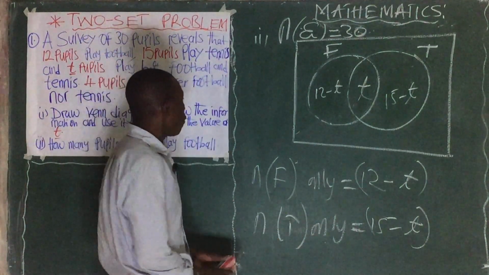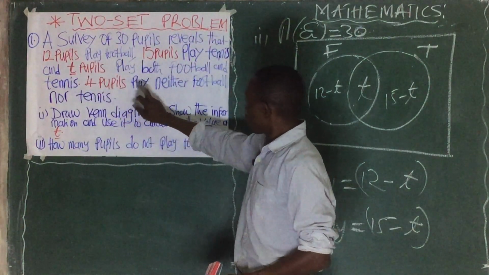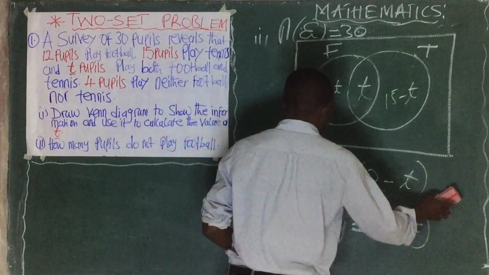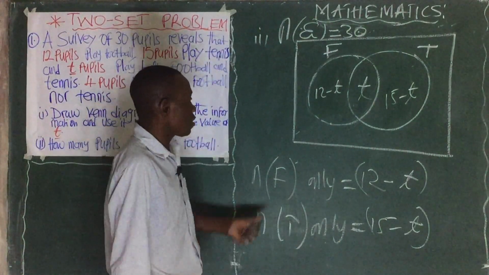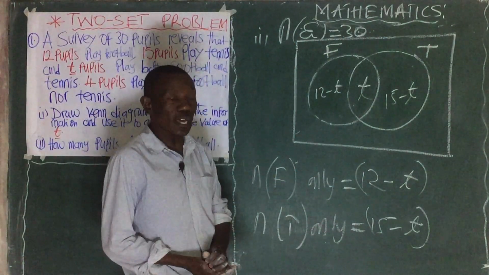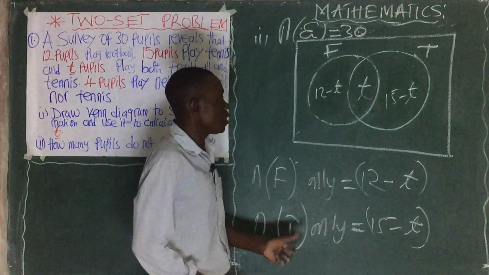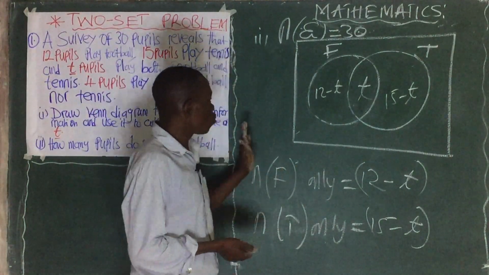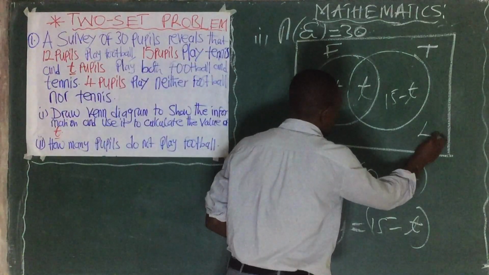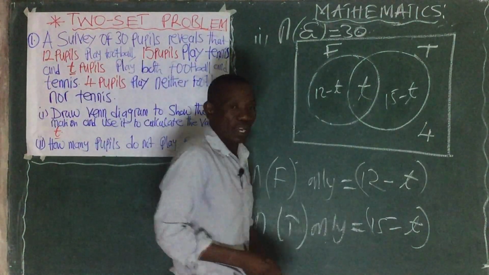Then we also have another number, which is 4, where we are told that 4 play neither football nor tennis. As I was highlighting about the meaning of the spaces inside this rectangular figure representing the universal set, the space outside the circles represents those who do not play football or tennis. So my 4 will be placed outside the circles, but inside the rectangular box.